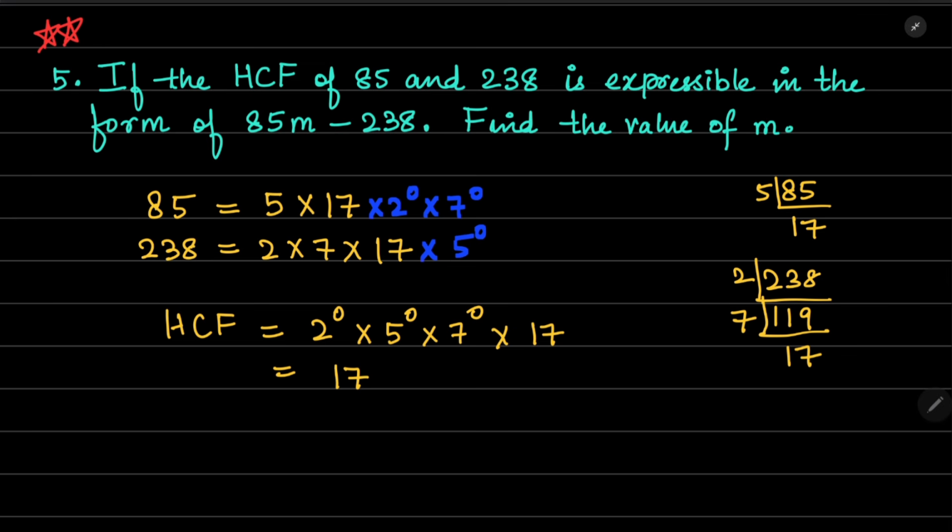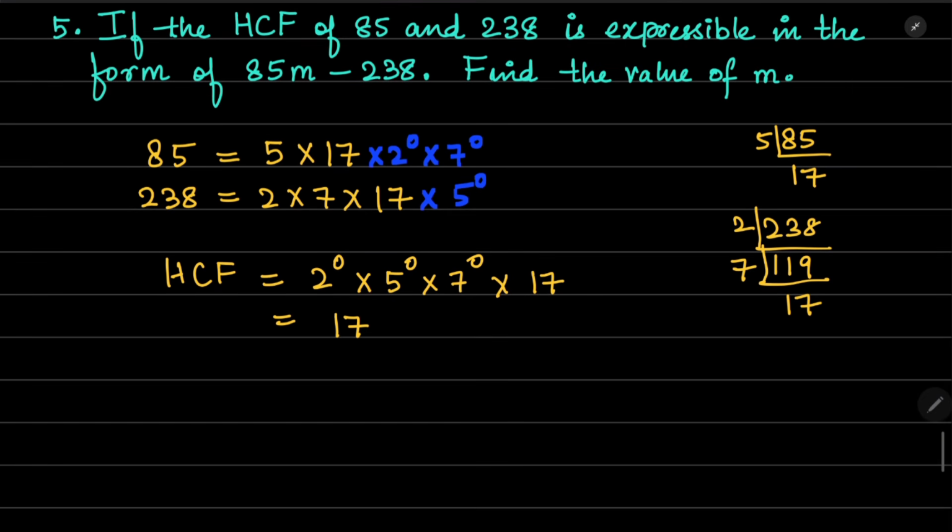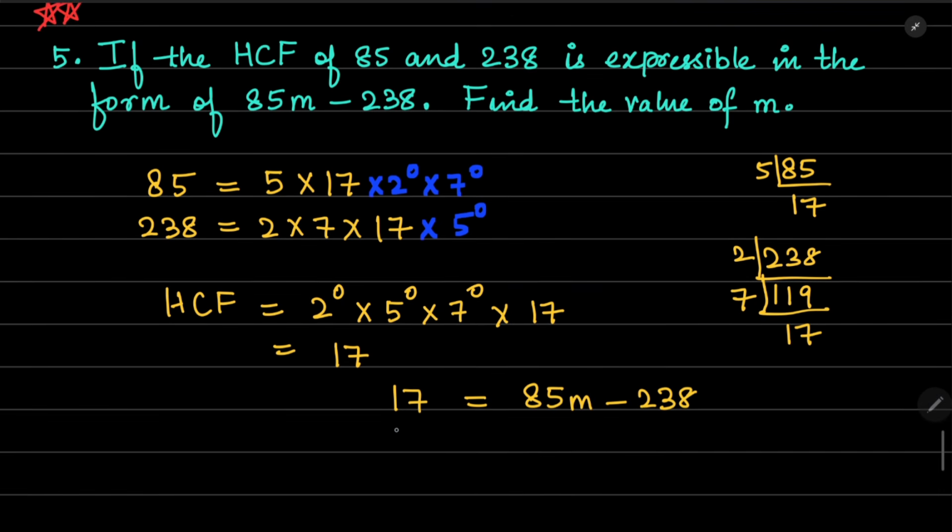So what is given? If the HCF of 85 and 238, which is 17, is expressible in the form of, which means 17 is equal to 85m minus 238, find m. So we can have 85m is equal to 17 plus 238.